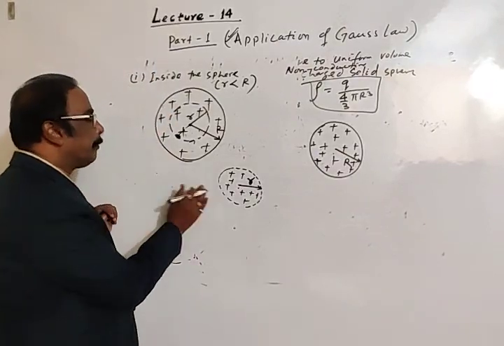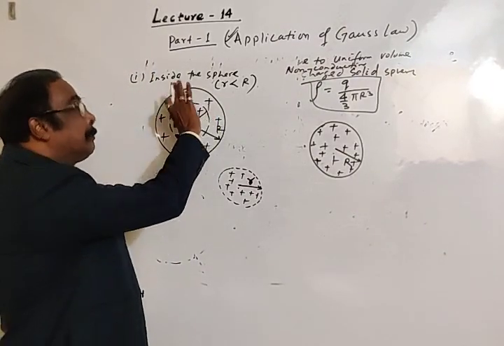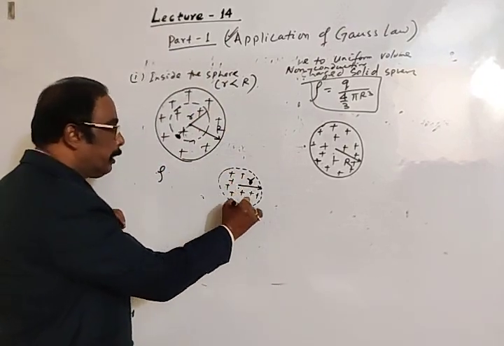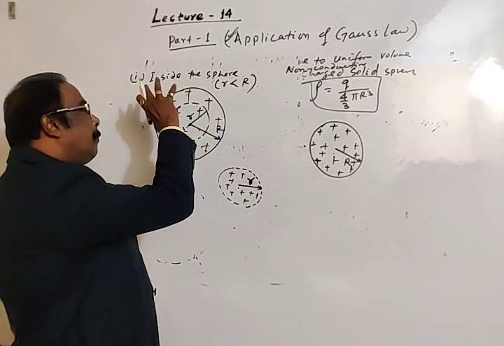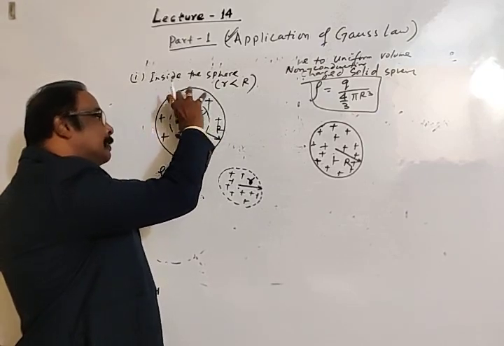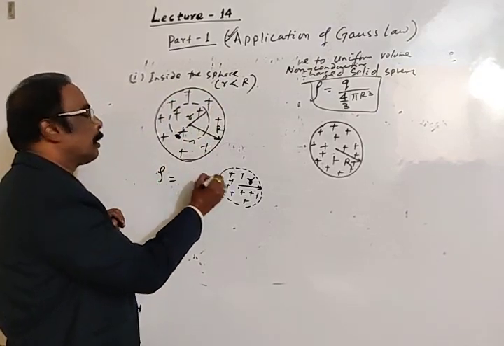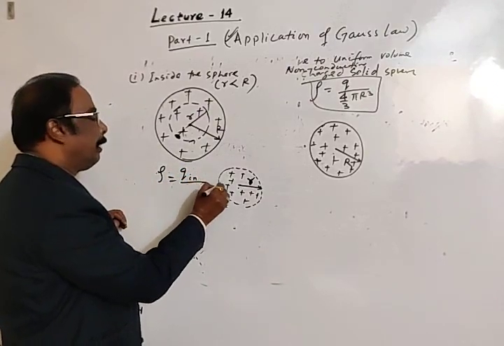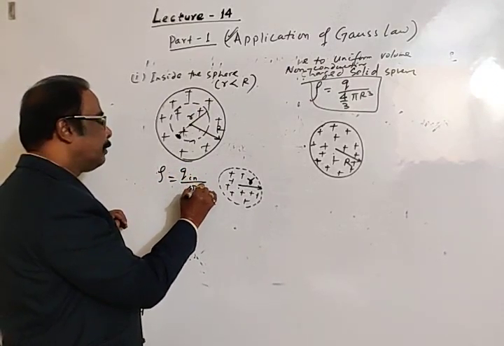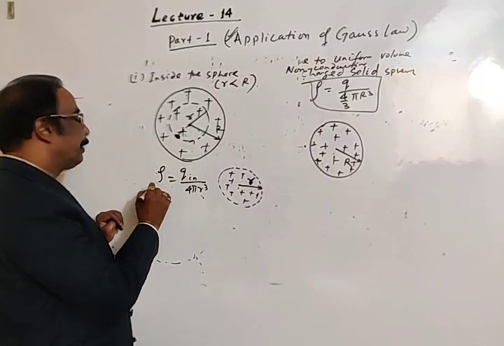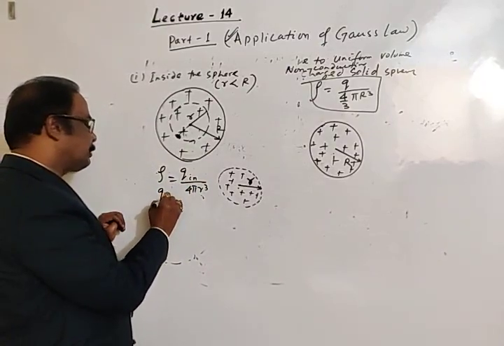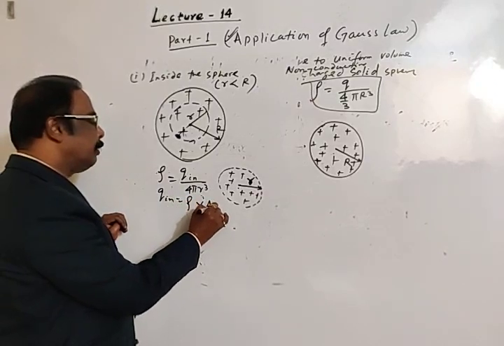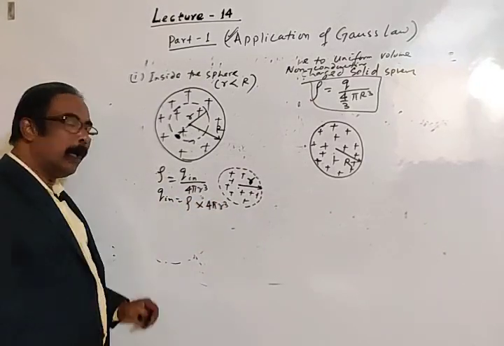But here, since the volume charge density is uniform, for this sphere of radius r, meaning we have imagined a sphere inside the given sphere, the charge inside divided by volume 4/3 pi r cubed. Okay. So, charge inside is the uniform volume charge density times 4/3 pi r cubed.